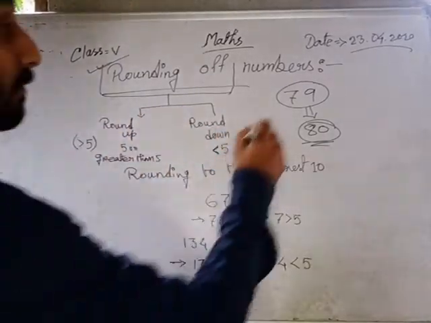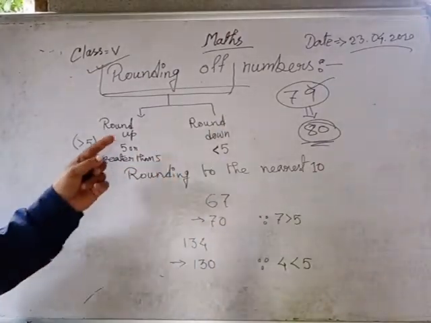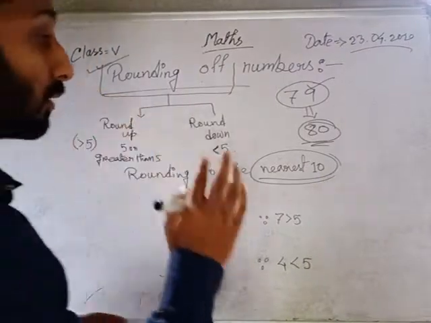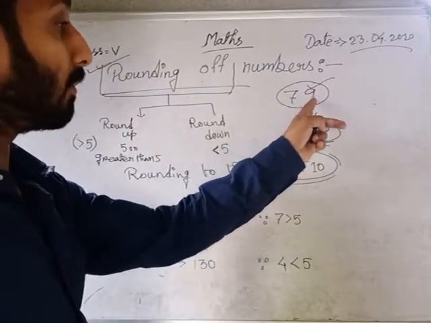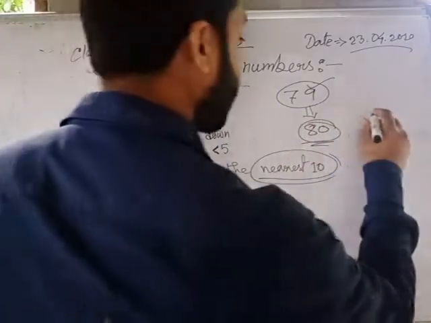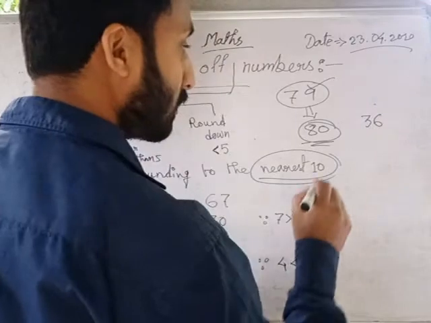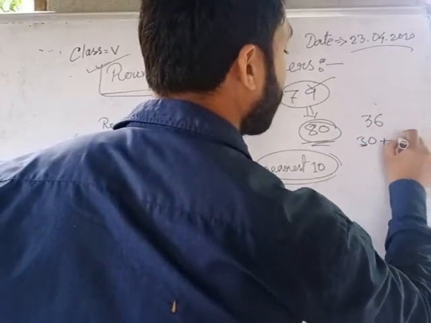Rounding to the nearest 10 means we should follow the tens digit with the ones digit. If it is 36, that means 30, tens, plus 6.